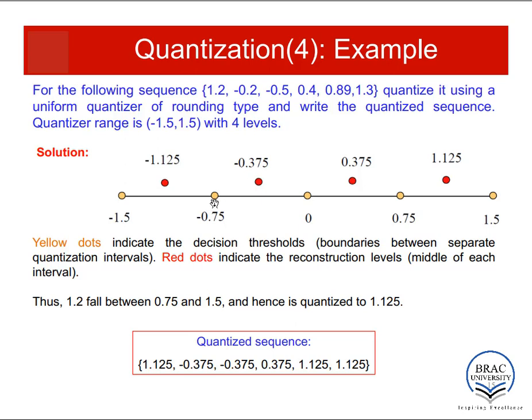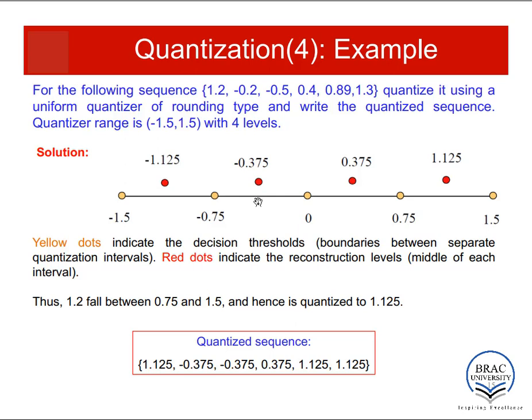So what is the maximum error and the minimum error? The minimum error is obviously 0, but the maximum error is delta by 2 on each side, because this whole difference is delta, so this difference is delta by 2. So the maximum error on the positive side is delta by 2, and on the negative side is minus delta by 2.